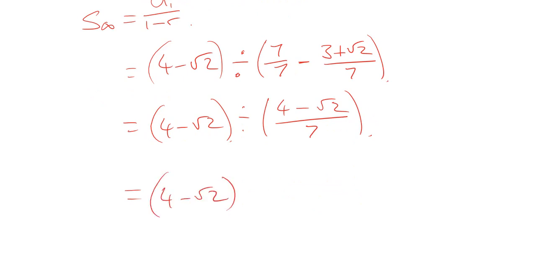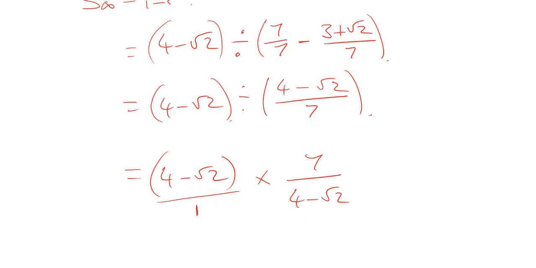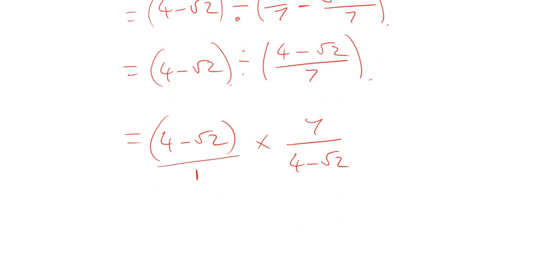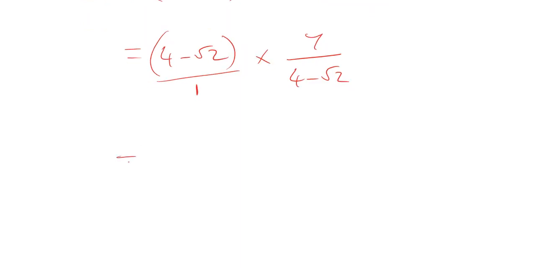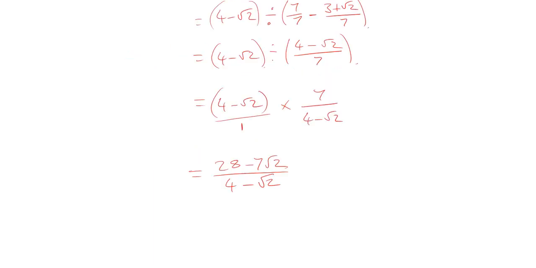Right, okay, from there we can rewrite that. An equivalent expression will be 4 minus root 2 multiplied by 7 over 4 minus root 2. And if it helps you to do the coming multiplication, we could write a divide by 1 there, so you can clearly see it's the numerators times together and the denominators times together. Right, from that point, this is going to be 28 minus 7 root 2 all over 4 minus root 2.